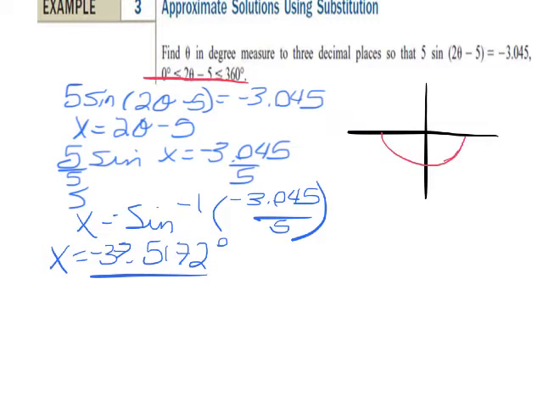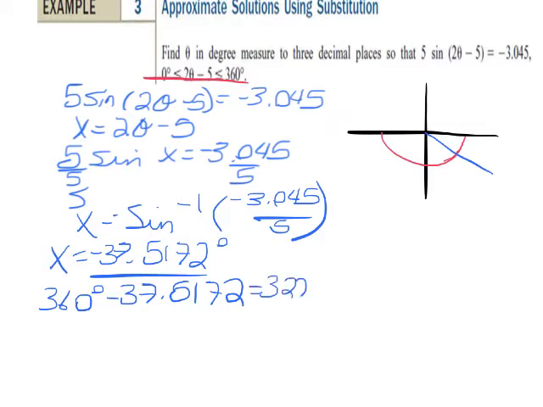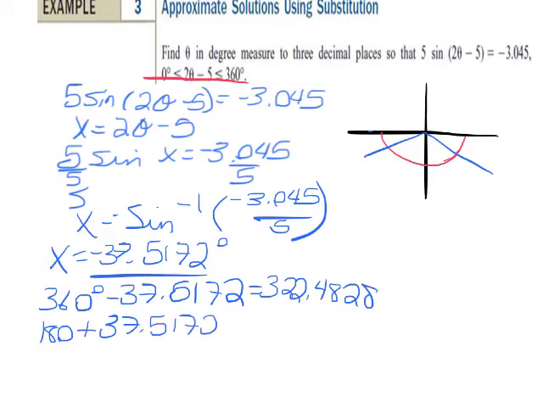-37.5172 degrees. So to get that, which is going to be somewhere down here, we're going to go 360 degrees minus 37.5172 degrees, which is going to give us 322.4828, and then we need our other one where we're at 180 here, so we want this one, so we're going to go 180 plus 37.5172.